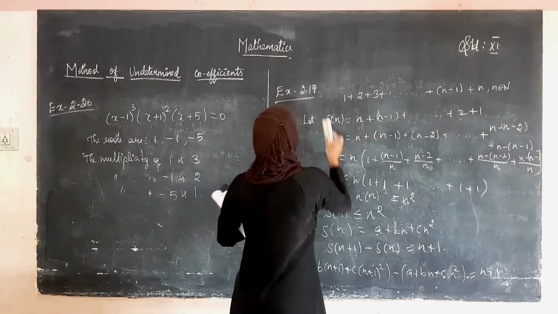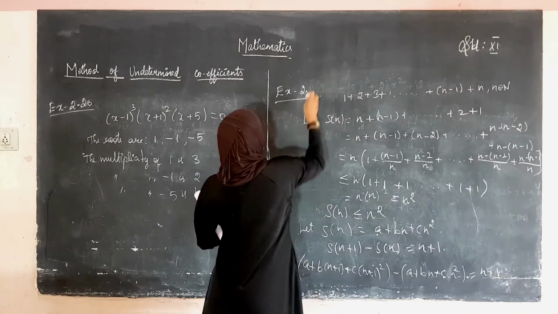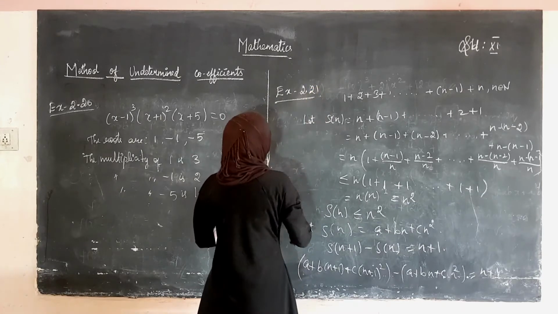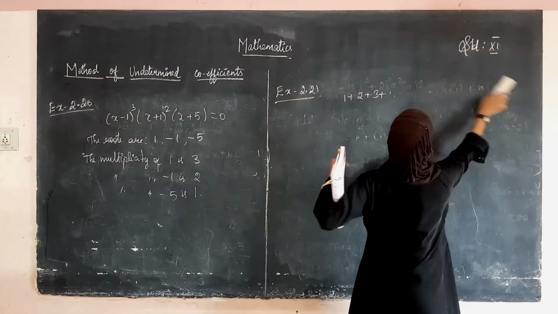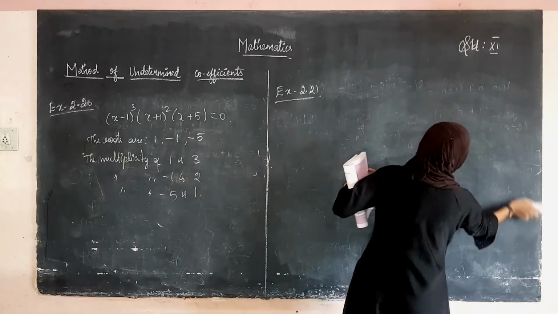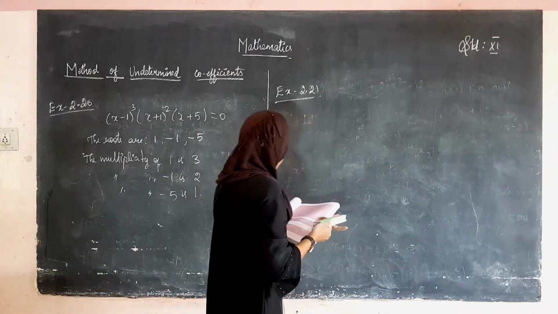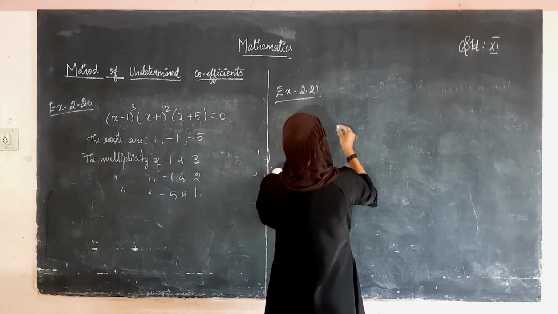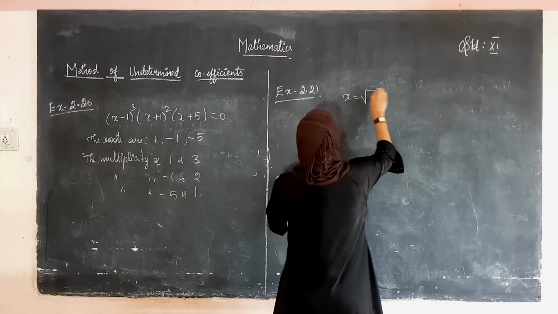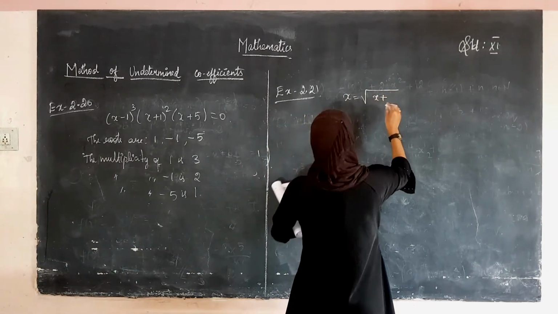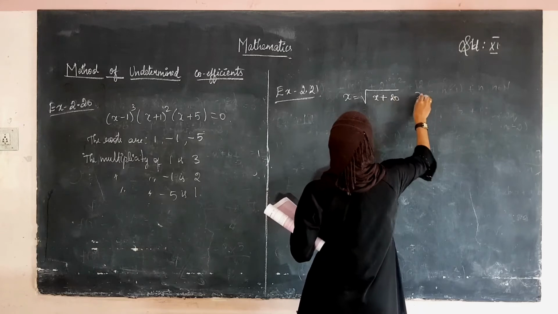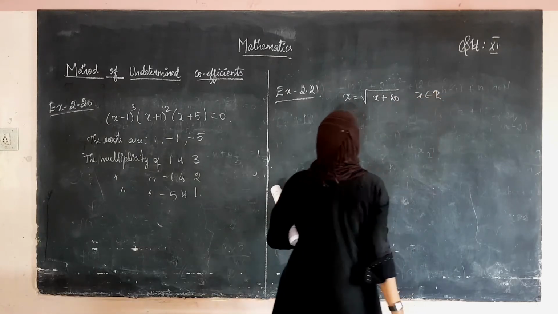Example 2.21. So what they have given: solve x is equal to root of x plus 20, where x belongs to R, that is real numbers.